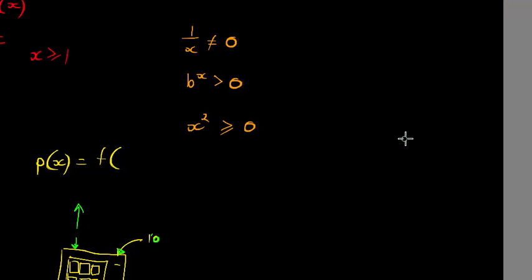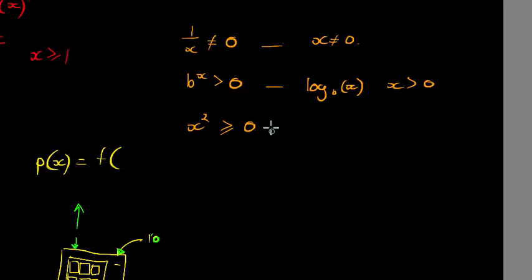So these are the same 3 rules that we did before. These are just impossibilities, where that fraction can never be 0, the exponent can never be 0, and log base x, where x must be greater than 0.